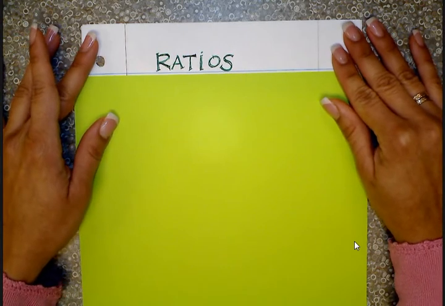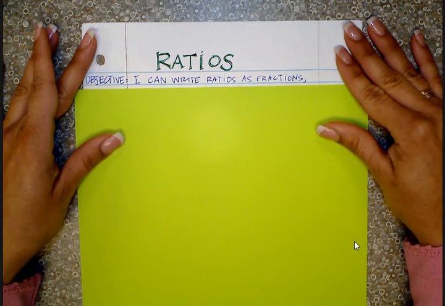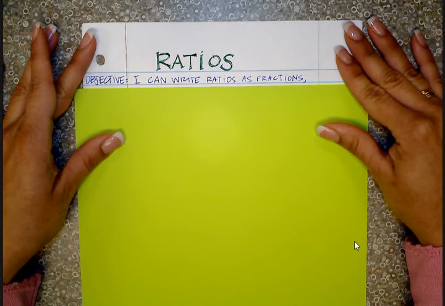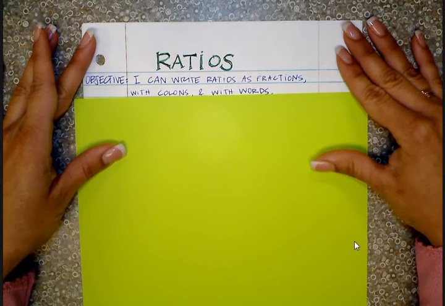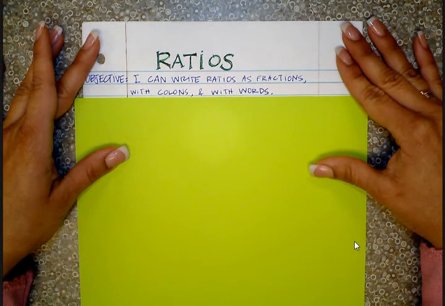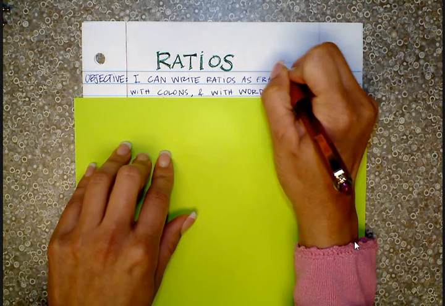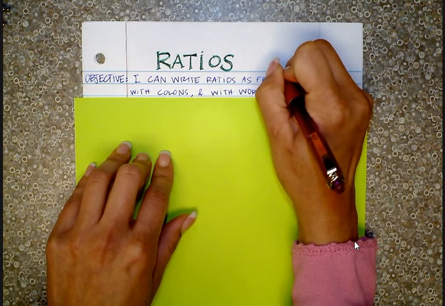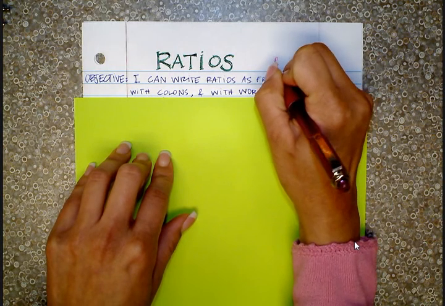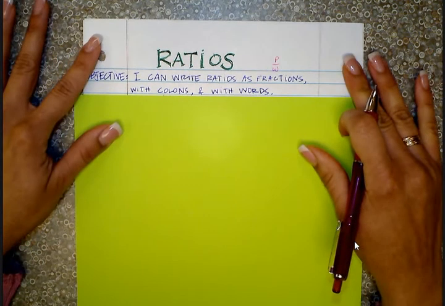So first, let's talk about our objective. Our objective today is I can write ratios as fractions, with colons, and with words. You know what a fraction is. A fraction is a part of a whole, but we're also going to learn how to write it differently, and then you're going to have colons.